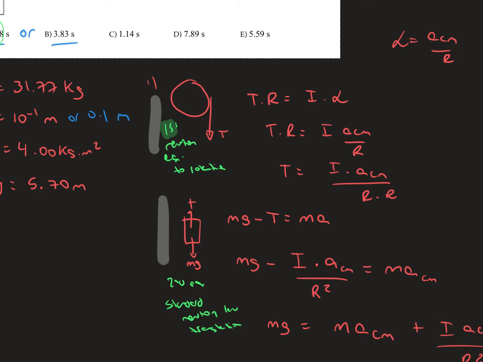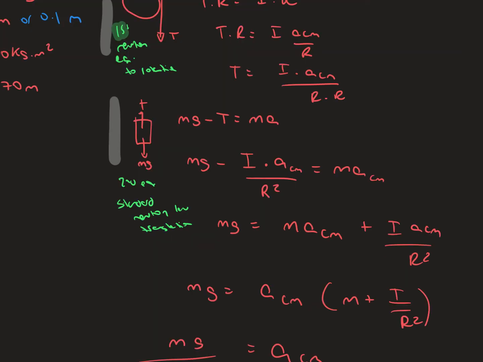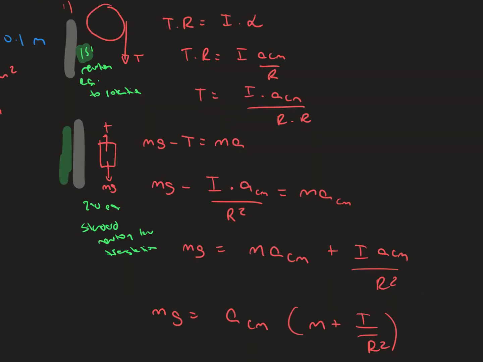Now that first part is going to be the first Newton equation because it's representing the rotation of the cylinder. Now in this second figure, there's going to be the second equation, the standard Newton law, representing the translation. So that's represented as the sum of the forces being mg minus T equal ma in the vertical direction.